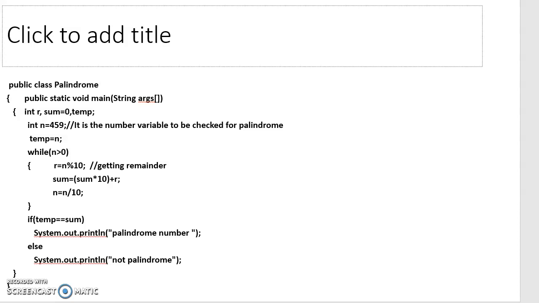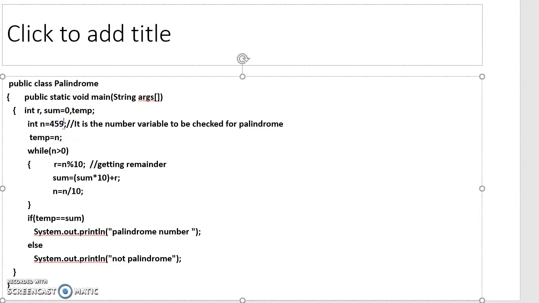So what would be the typical logic of checking if a number is palindrome or not? Even if it was a C++ program, we would have to apply this. Suppose we are having 459 as the number, or let's say 454.